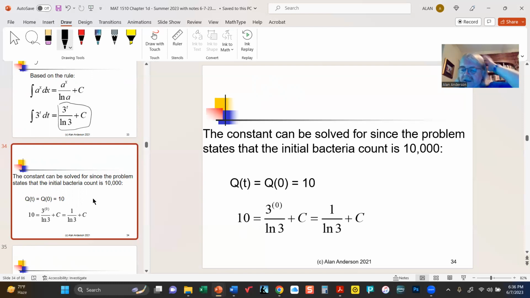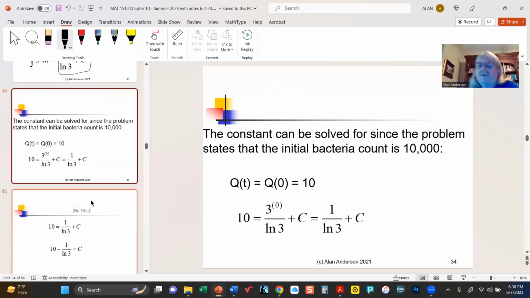So in our case, oh, by the way, I've got 10 here instead of 10,000. We're assuming that this is in thousands. T is 0 for today.